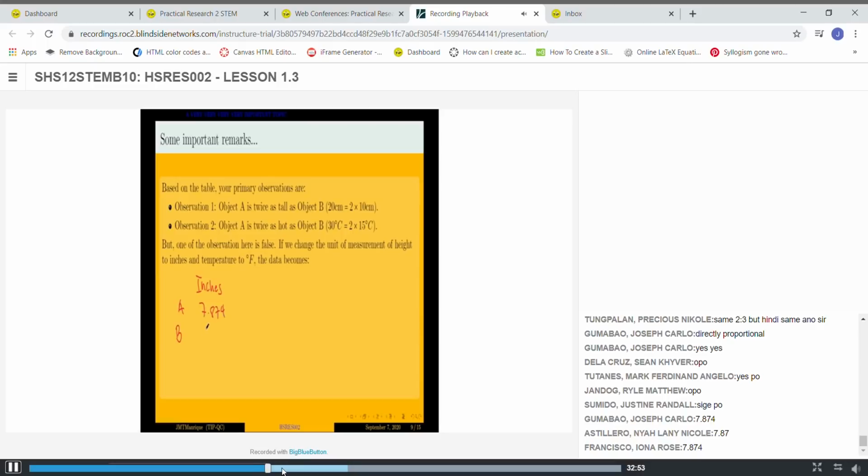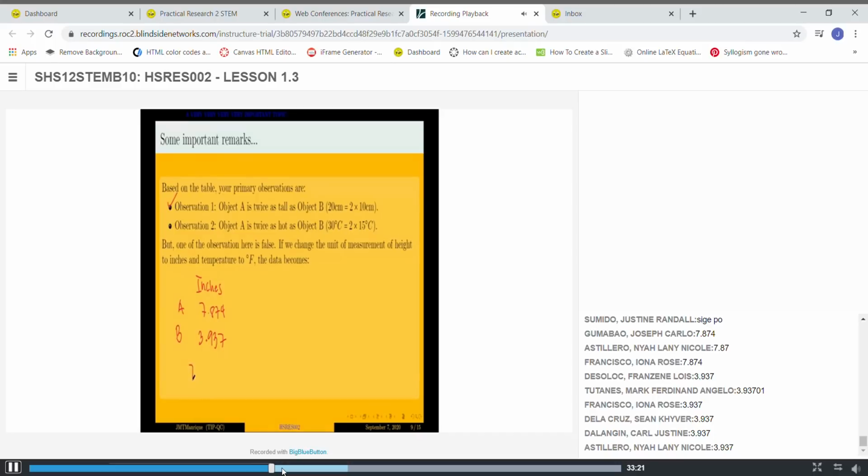Yung B, 10 centimeter. Convert it to inches. 3.937. Okay? So, dito, kapag pinalitan natin yung unit of measurement ng height, tama pa rin yung observation 1 natin.